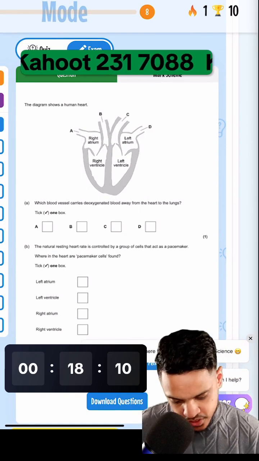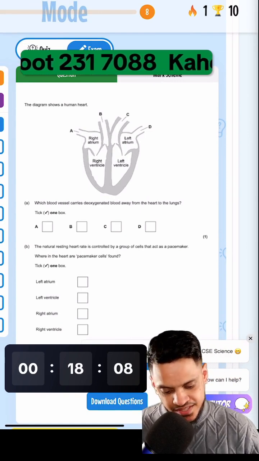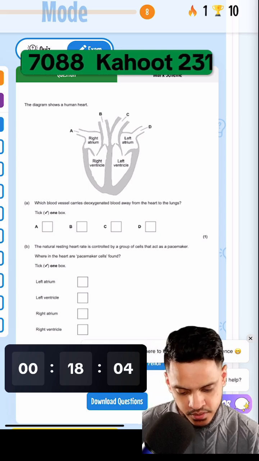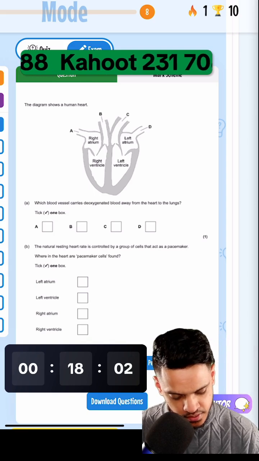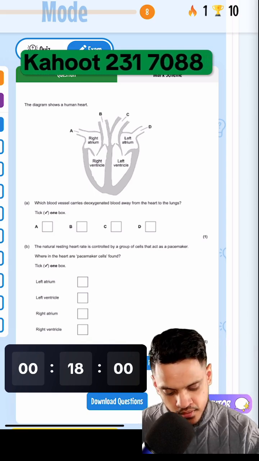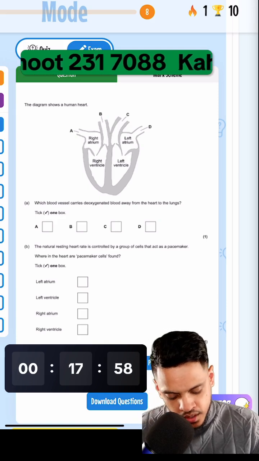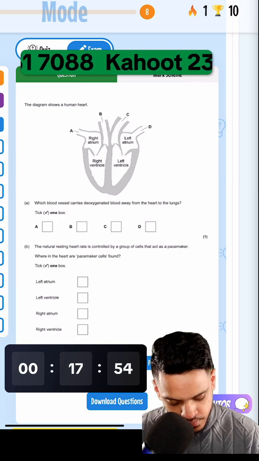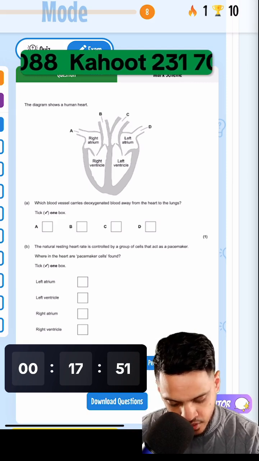So first question, which blood vessel carries deoxygenated blood away from the heart to the lungs? What do you guys think the answer here is? Away from the heart to the lungs. So the direction of blood flow on the right hand side.